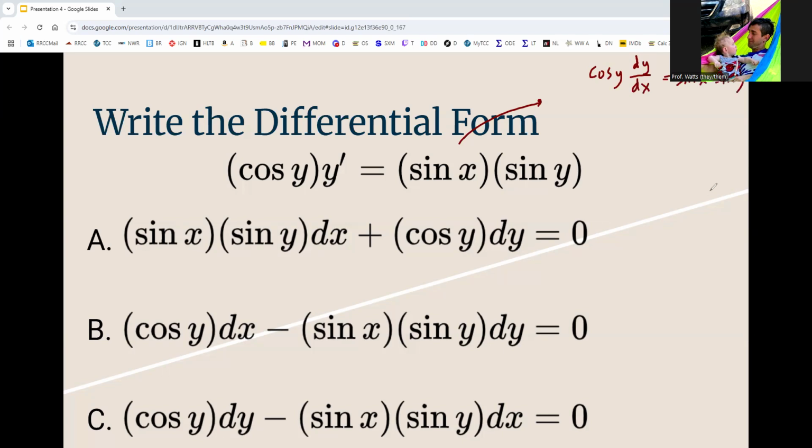And then we could think of multiplying by dx. And then we can put everything on one side by maybe subtracting the left side.